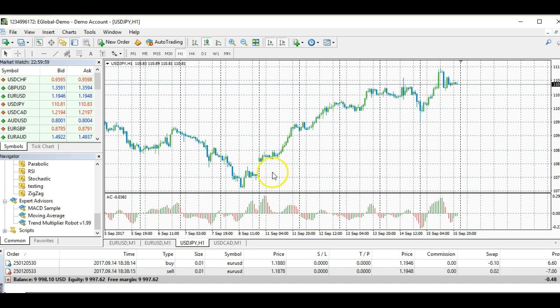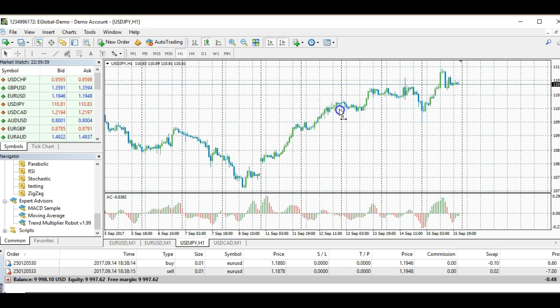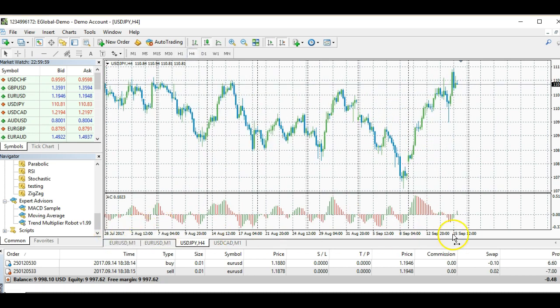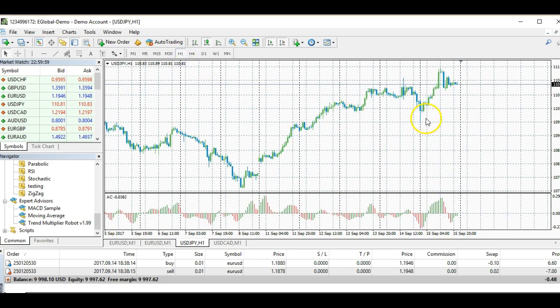You can check how much the possible drop is on that particular pair. If you are on 4 hours, you can view more from different months.